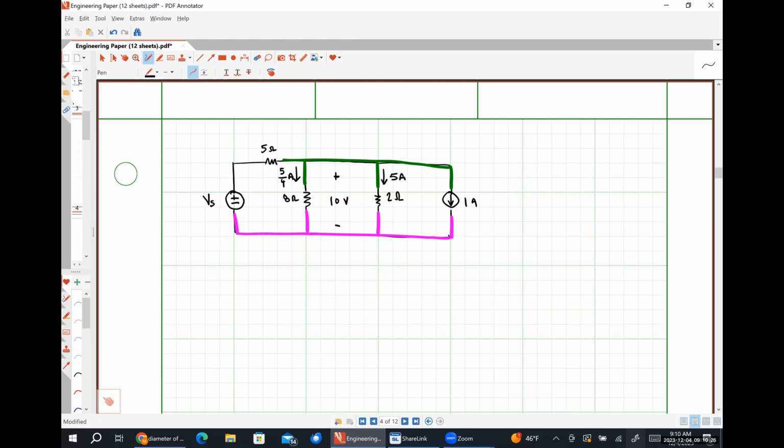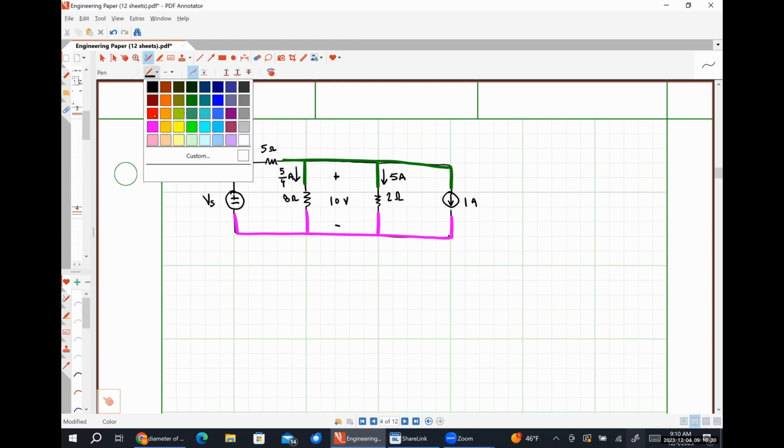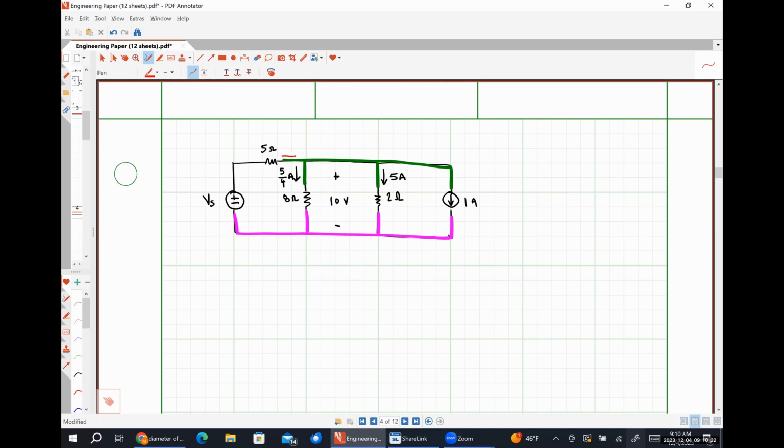So, using Kirchhoff's current law, I would argue that the current flowing through the 5 ohm resistor, let's call this Ix, is just going to be the sum of that 5/4 of an amp plus that 5 amps plus that 1 amp, using Kirchhoff's current law at the green node, right? Where the current flowing into the node equals the current flowing out.